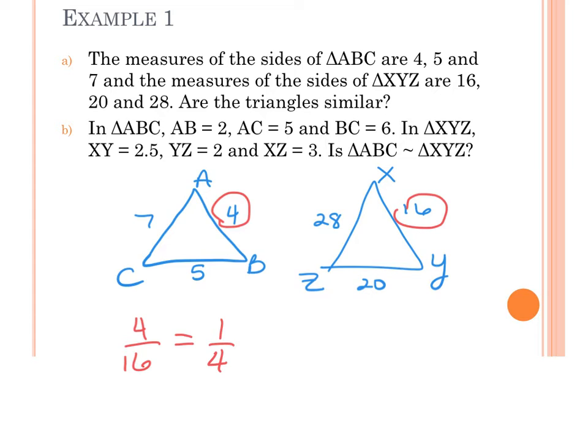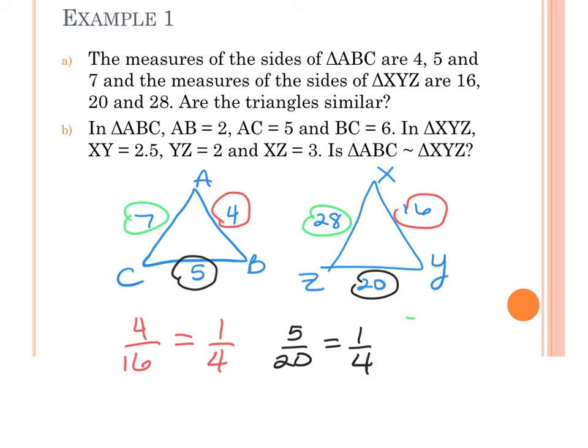Then I'm going to look for the middle number, or the medium-sized number, which is 5 here and 20 here. So 5 over 20 also simplifies to 1/4. And then lastly, my 7 to 28, which also simplifies to 1/4.